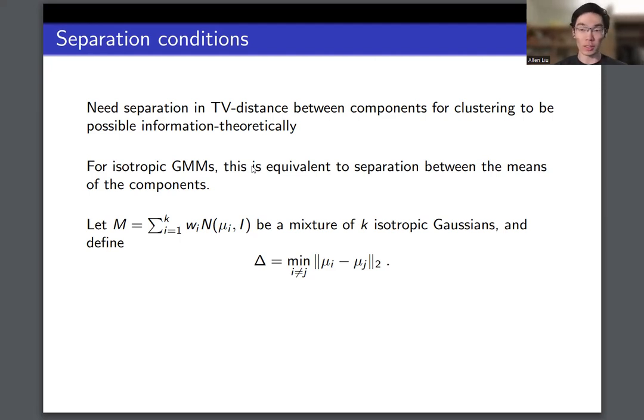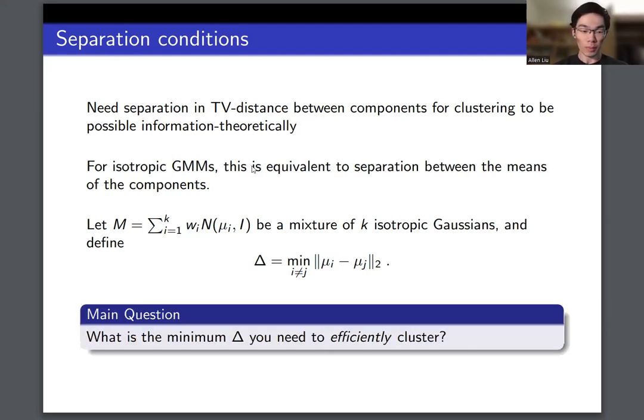More formally, say we have an unknown mixture of Gaussians, the sum of w_i times N(mu_i, identity covariance). So it's a mixture of k isotropic Gaussians, and we define the separation parameter delta as the minimum separation between any two components. The main question we'll seek to answer in this talk is: what is the minimum separation that you need in order to efficiently cluster?